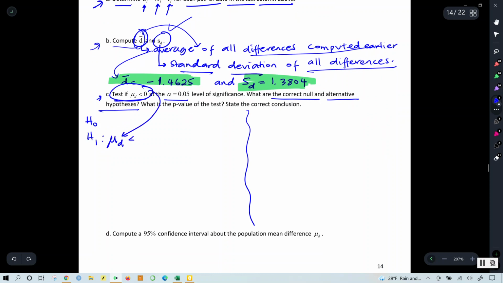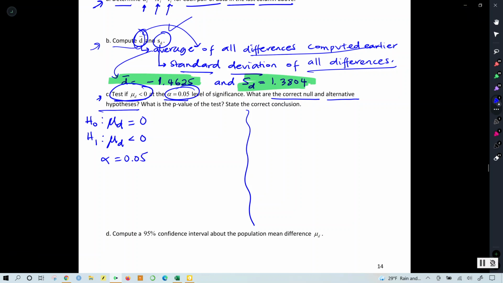We want to test that the mean of the differences is less than 0, versus the null hypothesis that it is equal to 0. Our alpha level is 0.05. And once that is stated, we can go on. So that is step A.